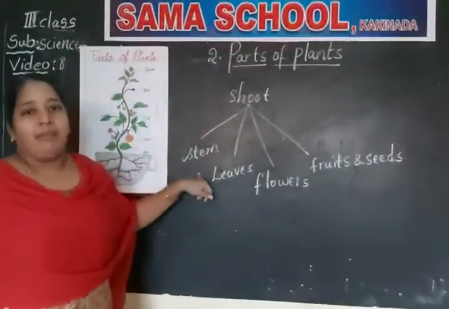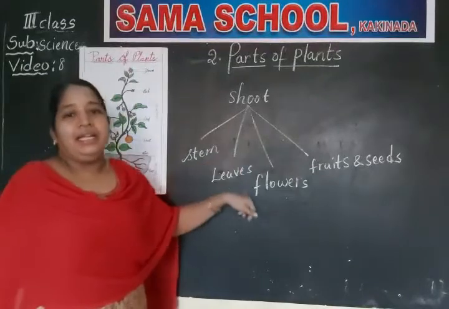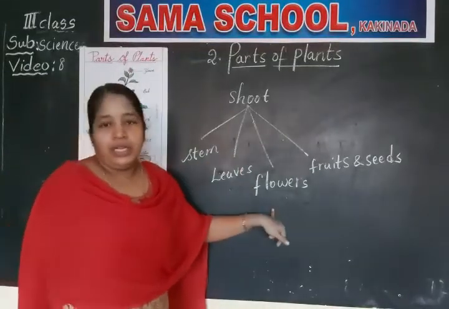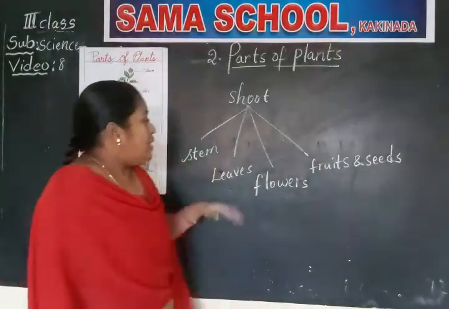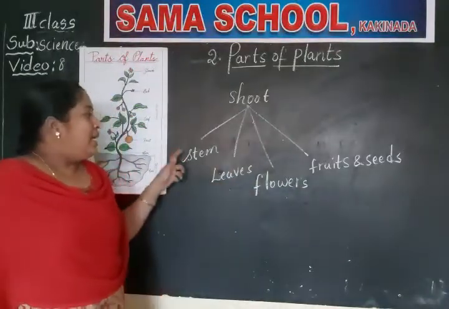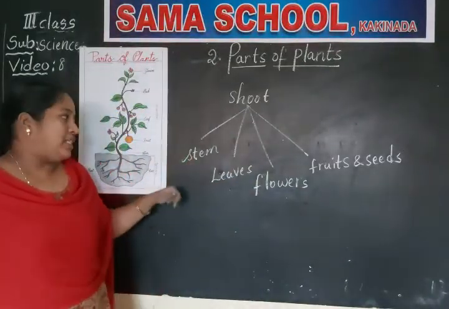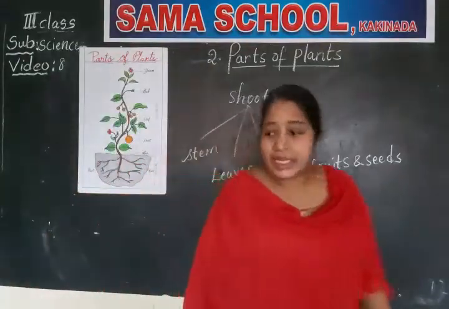We have already completed the stem part and leaves. So today we are going to learn about flowers. Before going into the flowers, let's recollect all the points which we have learned about the stem.